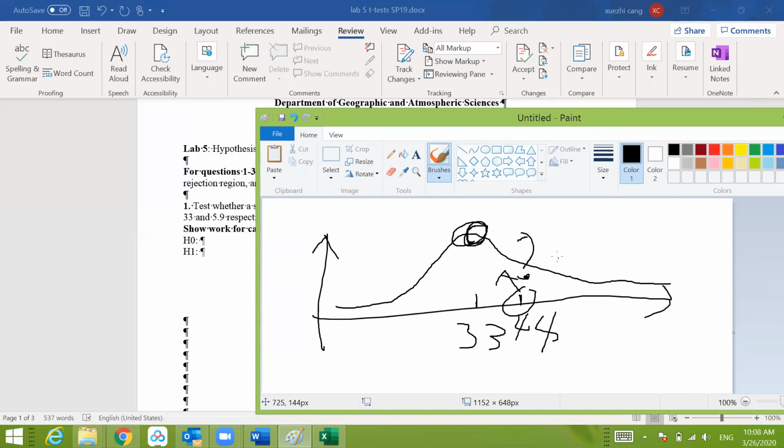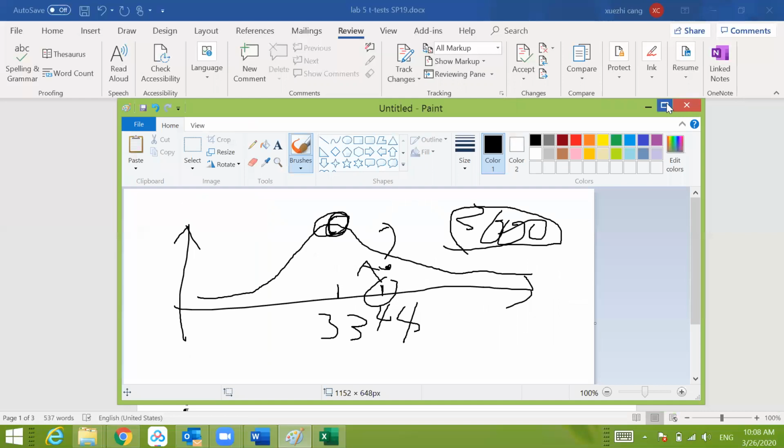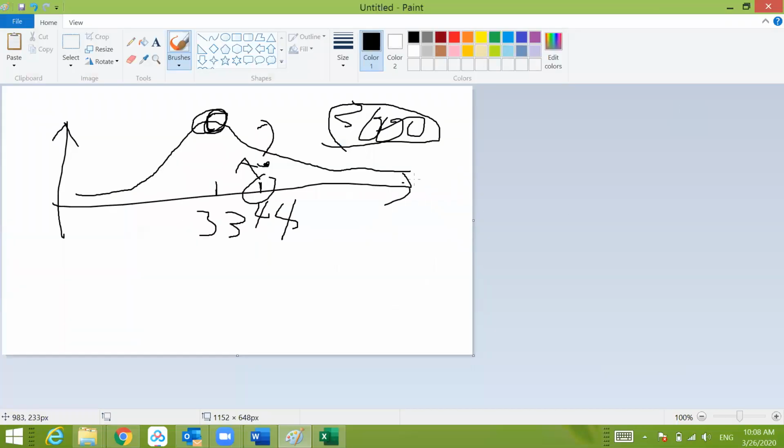But if we want to figure out whether maybe 3,000 belongs to the distribution, then we know it is almost impossible, right? Because 3,000 is really far away from this distribution, and the possibility, the area of this part, is very low.